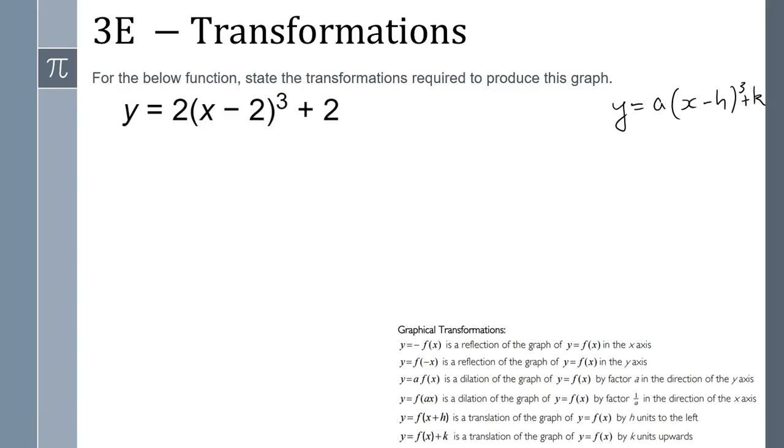Okay, so here I've got an example and a pretty typical question of what you'll be asked. So for the below function, state the transformations required to produce this graph. So I've got my cubic function here, which is in power form. Okay, I've got my just general power form function that I've just taken off the formula sheet so you can see. And I've also got the graphical transformations off the formula sheet as well.